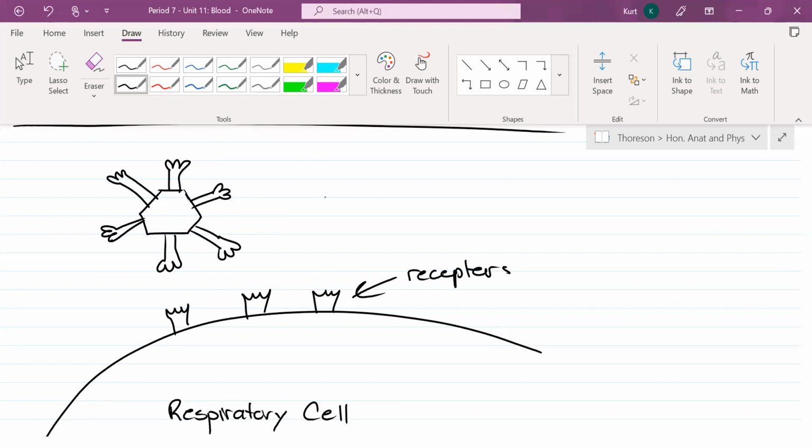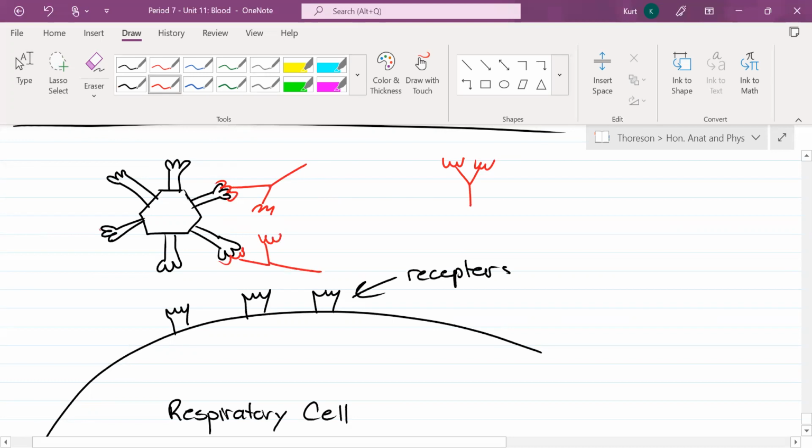What do I have in my second exposure that I did not have during my first exposure? I have antibodies. So let's say this is an antibody for COVID-19 Delta variant. Those antibodies are going to latch onto it like gum in your hair. It's just going to cover it.